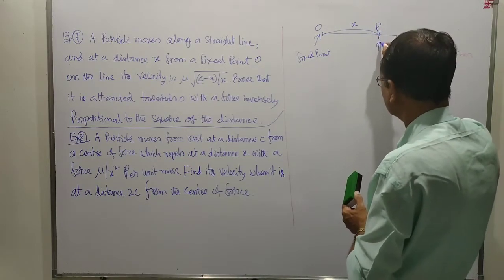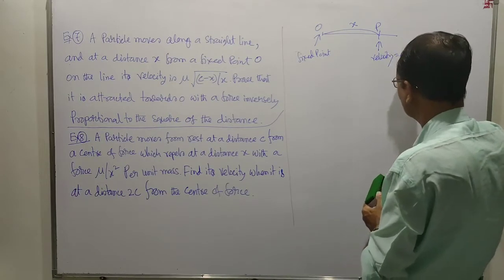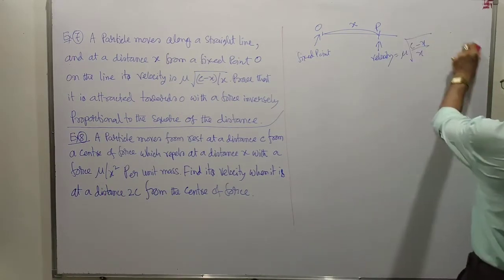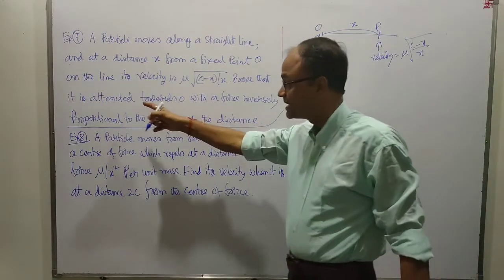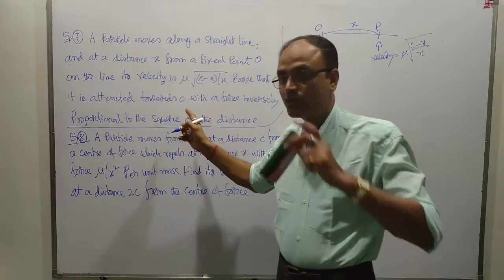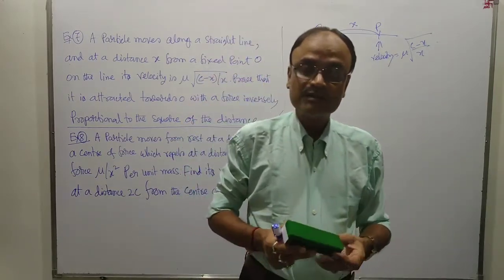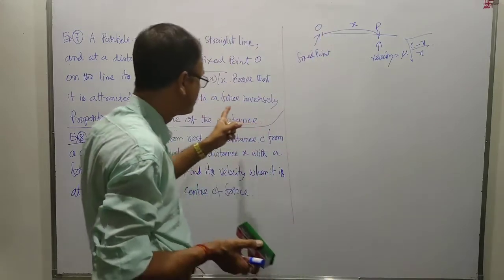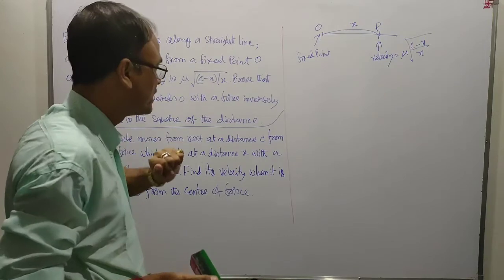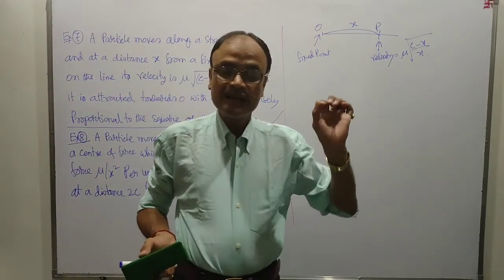The velocity of the particle is mu into the square root of c minus x divided by x. Prove that it is attracted towards O with a force inversely proportional to the square of the distance.